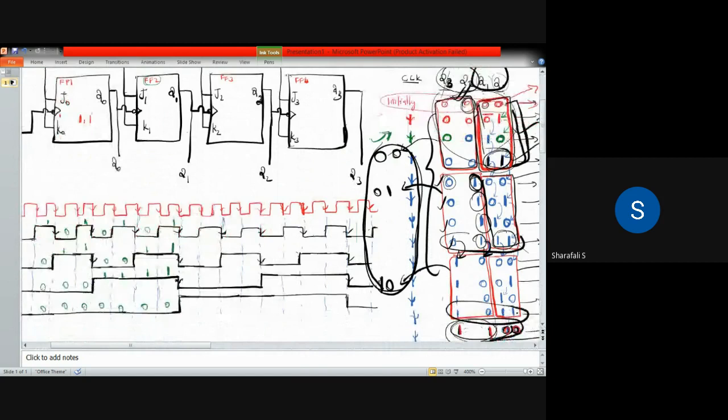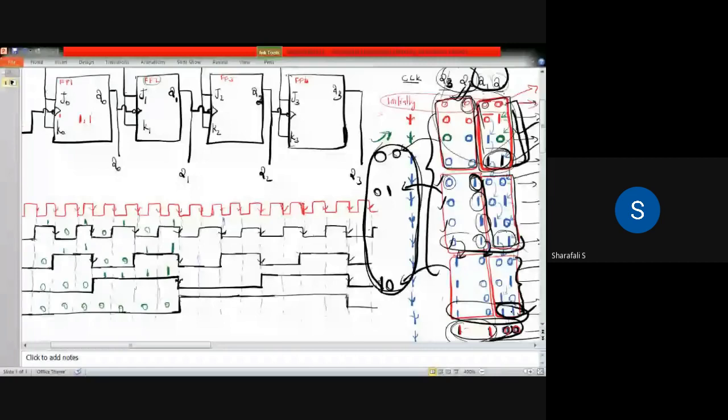You can see this one is 1, 1, which means that the mode 4 counter has completed all its 4 states now. So then it is again going to become 0, 0. At the same time, mode 3 is at this 1, 0 position. But since it is a mode 3 counter, it will not go to the 1, 1 position.